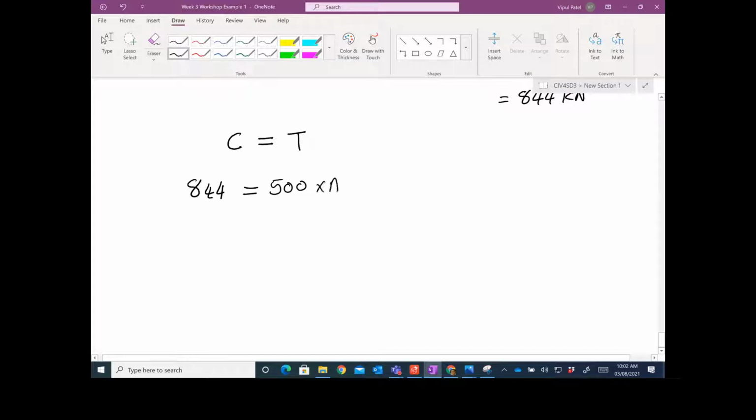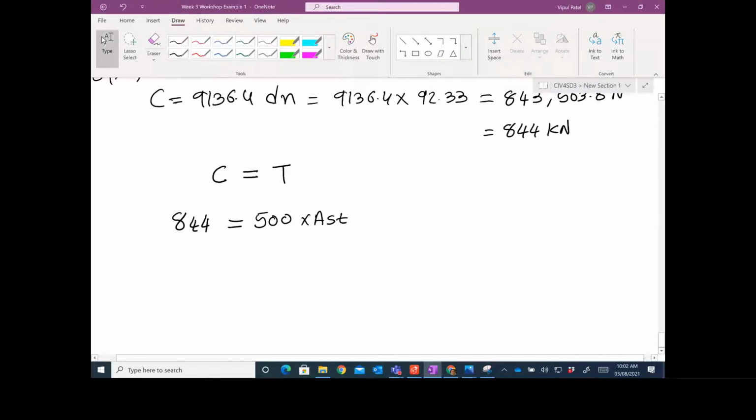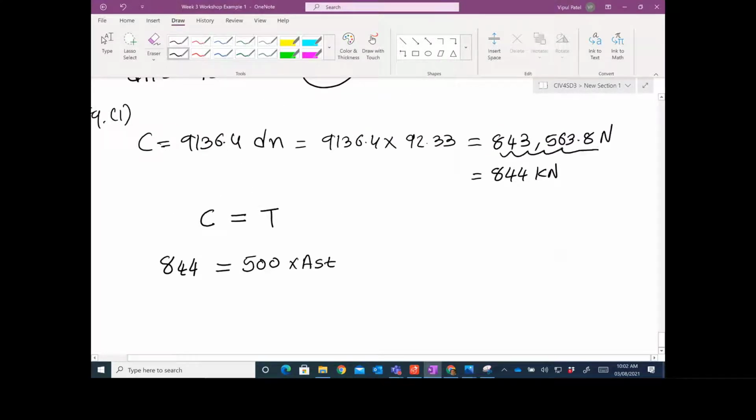Let me put this in newtons first, rather than this small number: 843,563.8 newtons, because that is in newtons per millimeter squared, megapascals. So we want to keep it in newtons as well.